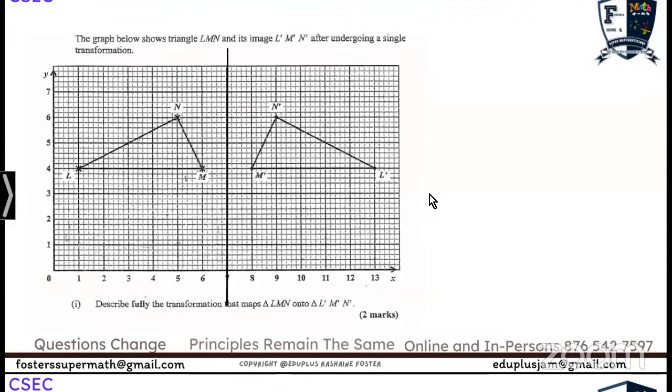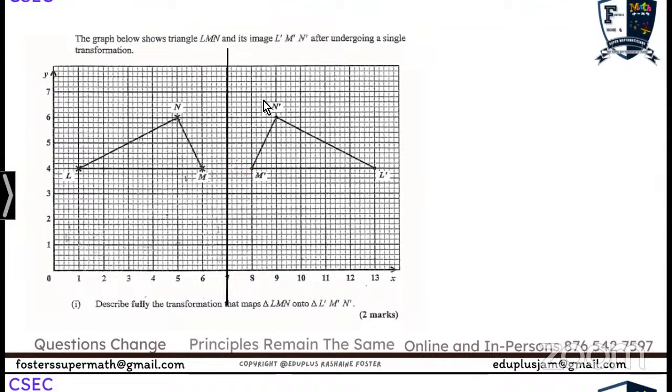So this is what I call the mirror line. How many spaces is it between the mirror line and M? How many jumps? One jump. And then how many jumps from the mirror line to the image?